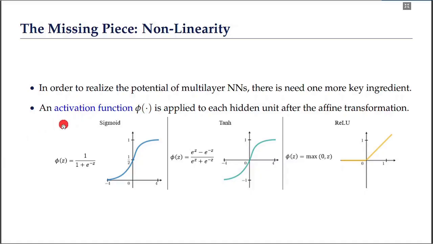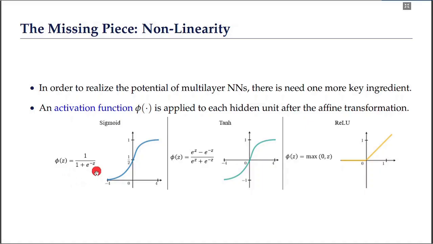The common activation functions used in neural network models are the sigmoid activation function, the tanh activation function, which is called the hyperbolic tangent activation function, and the ReLU activation function, or rectified linear unit. The sigmoid activation function is the logistic function which transforms any input z into a value between 0 and 1 inclusive.